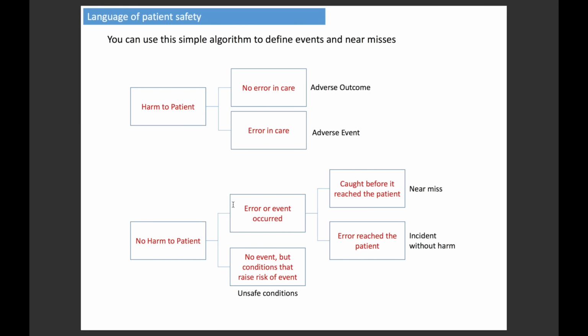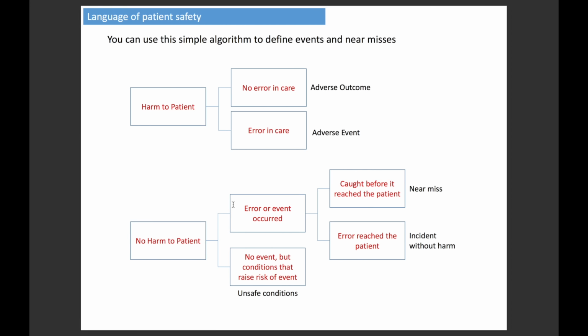Now let's take the box below. There's no harm to the patient. So when there's no harm to the patient, the question is, was there an error or an event that occurred? And the error would be, for example, maybe you gave the wrong antibiotic to the patient. That was an error, but there was no harm to the patient. So that would be important to know. But the other way to think about it, there could be no harm to the patient, but there could be unsafe conditions.